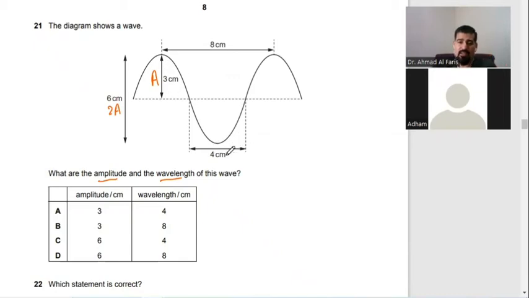And this distance, the 4 centimeter, is half the wavelength, wavelength divided by 2. The distance between a crest and the next crest is the wavelength. So the amplitude is 3 and the wavelength is 8. So the answer is B for question number 21.